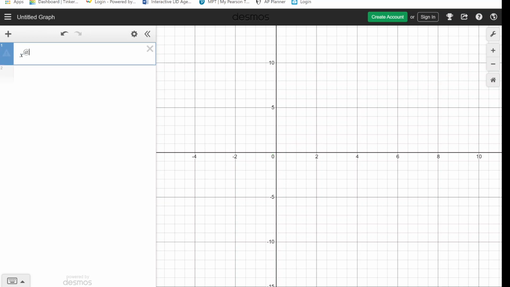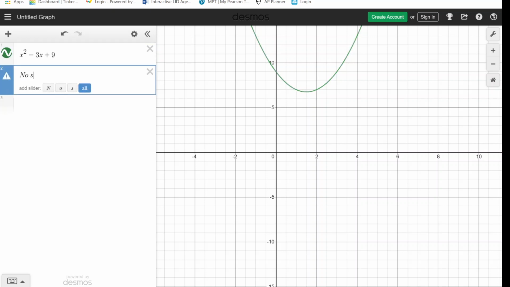You may notice this parabola, its lowest point is at 6.75. There are no x-intercepts, so this would be no solution. So 0 answers. Okay, that's one down.